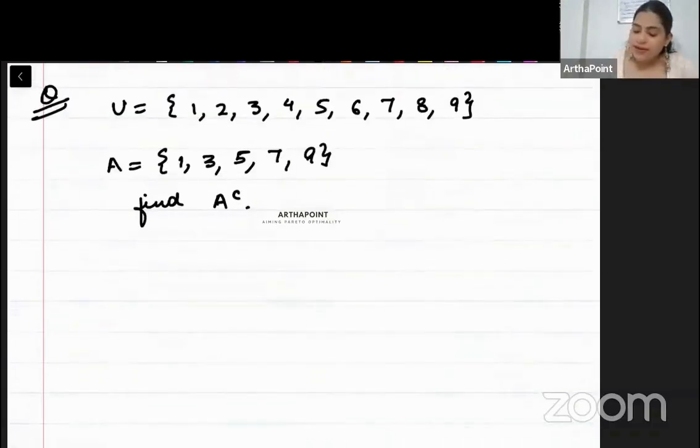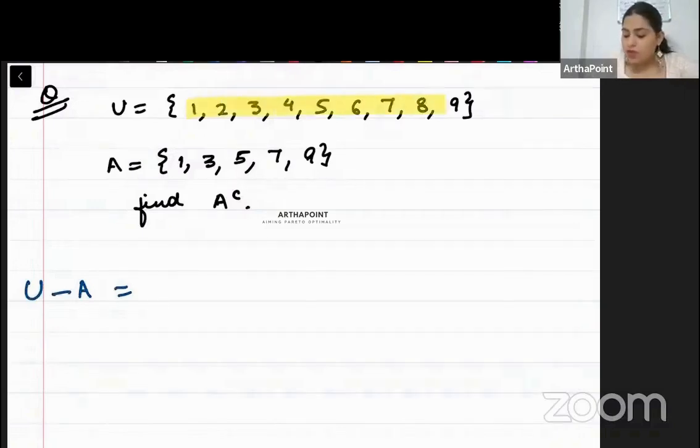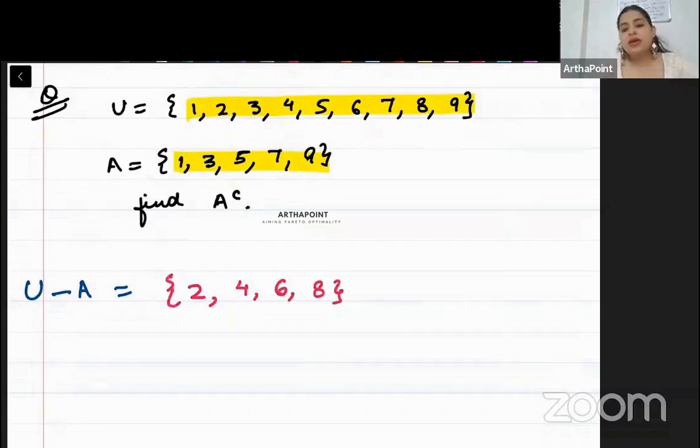A complement will be U minus A. So from the union, subtract what is in A. What will you be left with, beta? 2, 4, 6, and 8. This will be A complement. I hope this is clear to you.